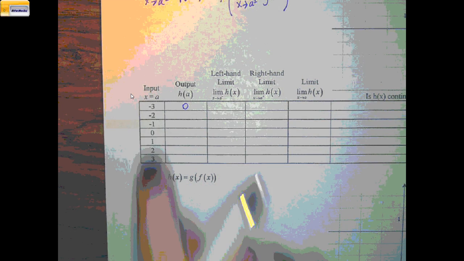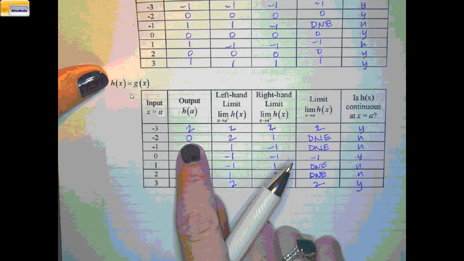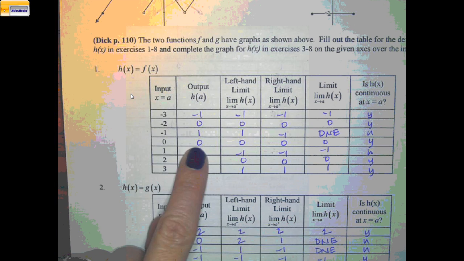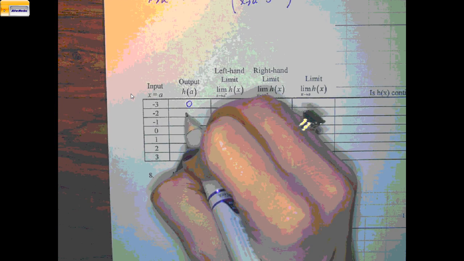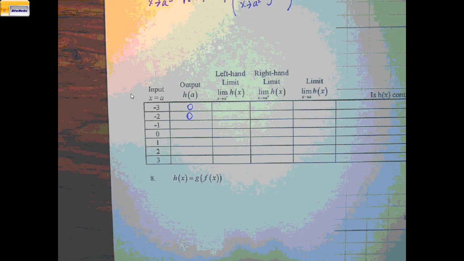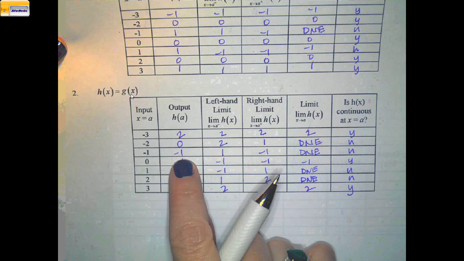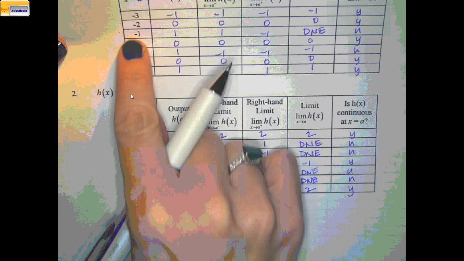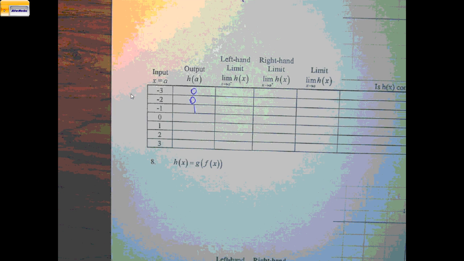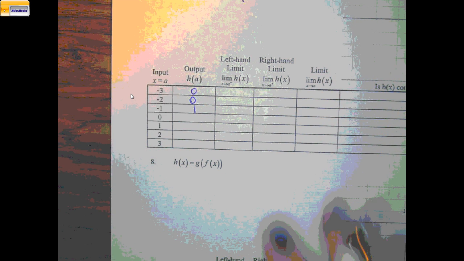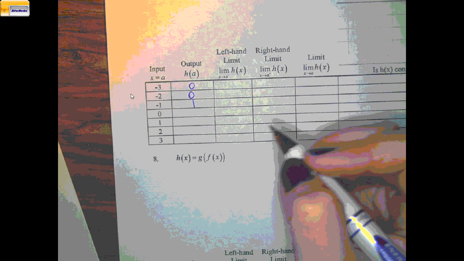If I take -2 and plug it into g of x, the output is 0. Take 0 and plug it into f of x, the output is 0, so write down 0. You guys kind of see how this is working? -1 into g of x, put it into f of x, you should get 1. You finish that column yourself.